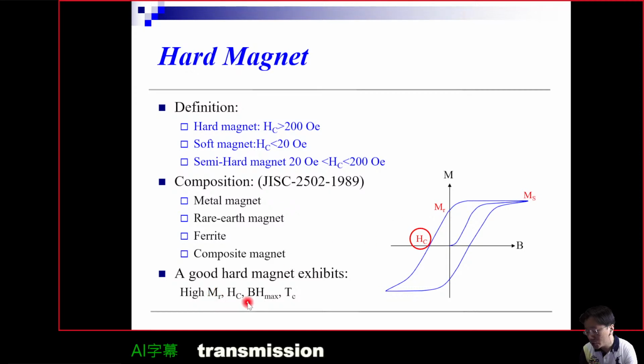And the other thing, we need to have the high coercivity so that we can resist the influence of the external or outer magnetic field. And we need to store a lot of magnetic energy inside this area, which is the magnetic energy product, BH max.